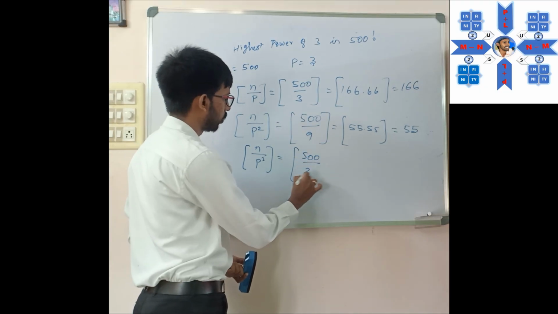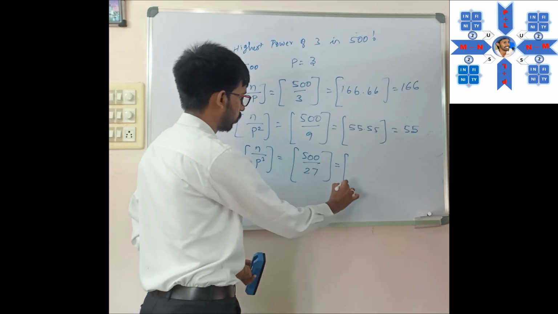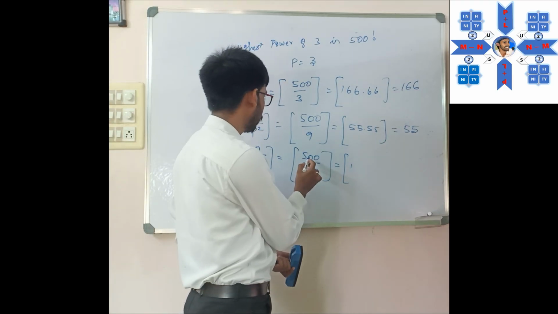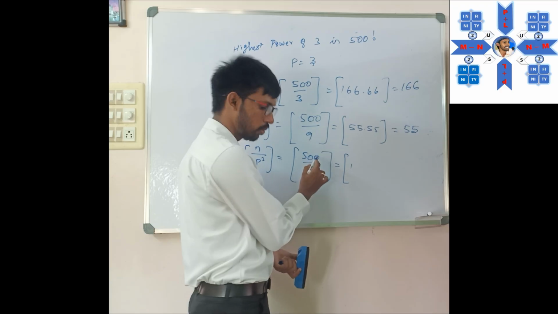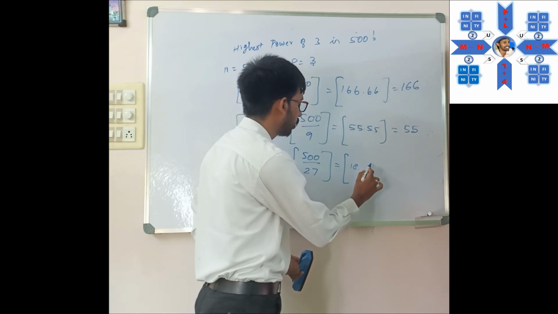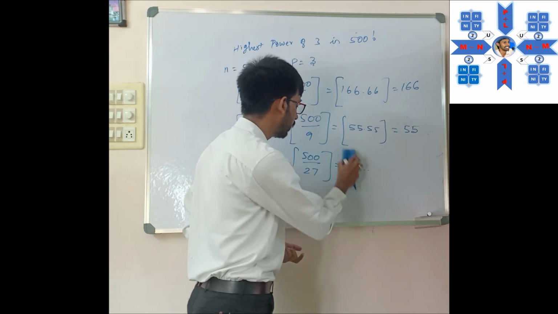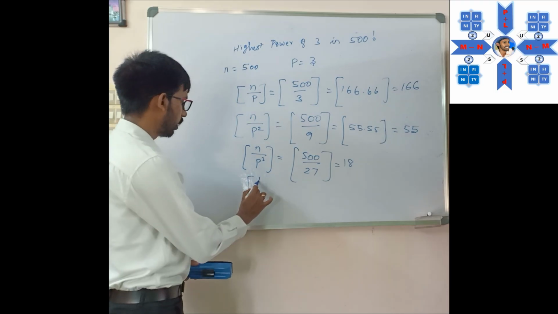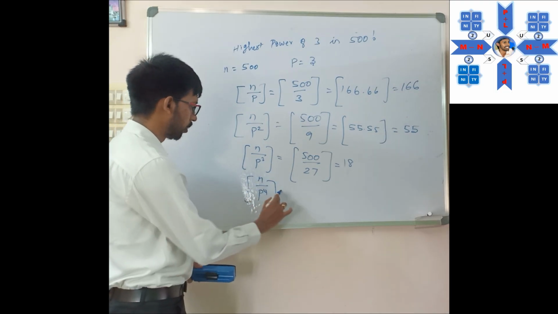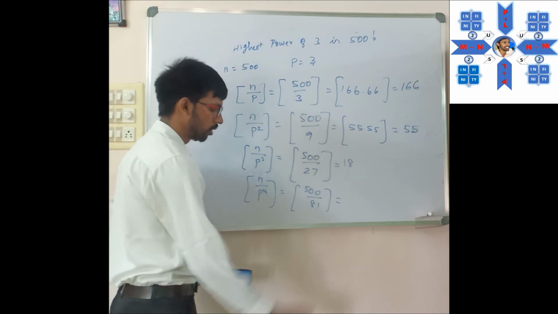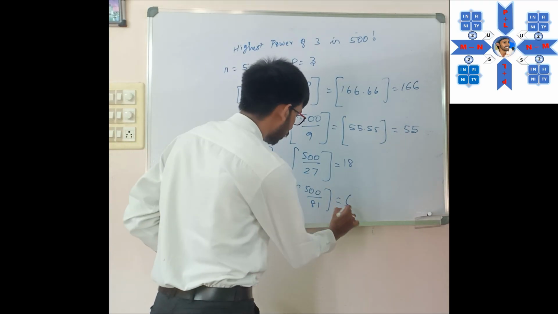Next n by p cube, 500 by 27. One time 27, the remainder will be 230, and I have solved it as 18 point something, so let me have it as 18. Next will be n by p power 4, 500 by 81, that will be 6 point something.